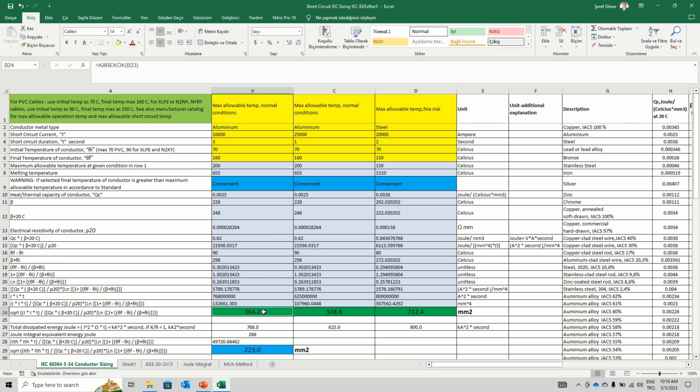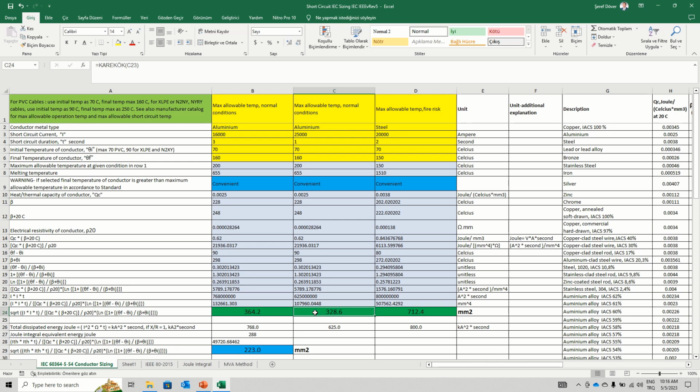As you see, even if we are using 16 kiloamp, because of that 3 seconds, the required energy capacity in joules is more than for this 25 kiloamp. That's why in the first column B, we need 364 millimeters square, while in 25 kiloamp, even though the short circuit level is higher, the duration is less.